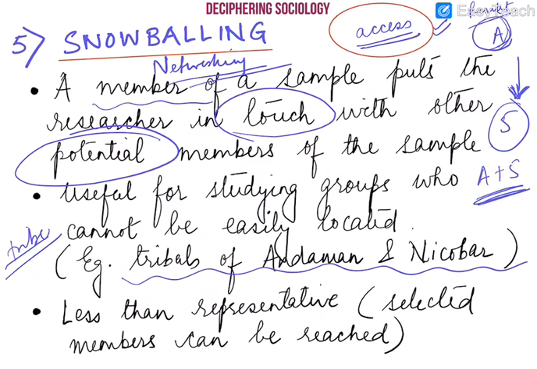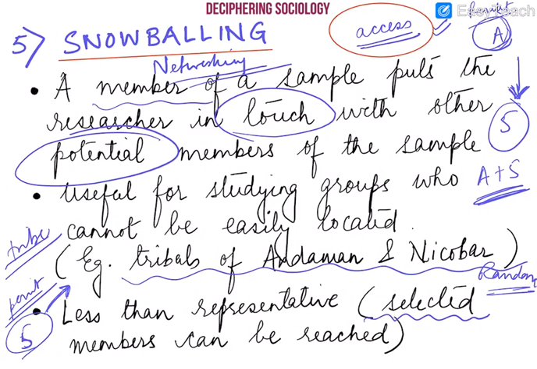But here there is a catch. There's a point that you need to remember. What is this point? Here those 5 persons that Mr. A is bringing to me, are selected by whom? Am I selecting them? No. He is selecting those people. Therefore, it is not a random sample.